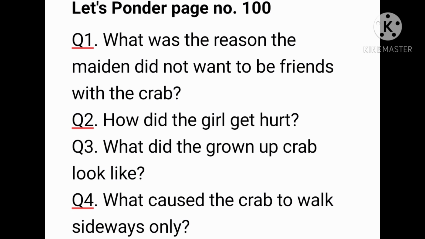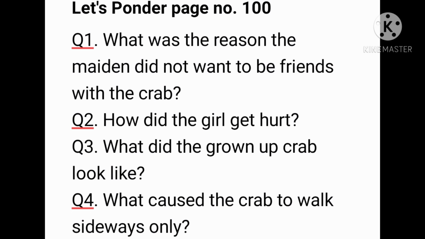Question number 2. How did the girl get hurt? She was hurt by the sharp claws of the baby crab when he tried to hold on to her. What did the grown-up crab look like? He grew up to be a shiny blue hard-shelled creature, right? Now the last and the most important question.